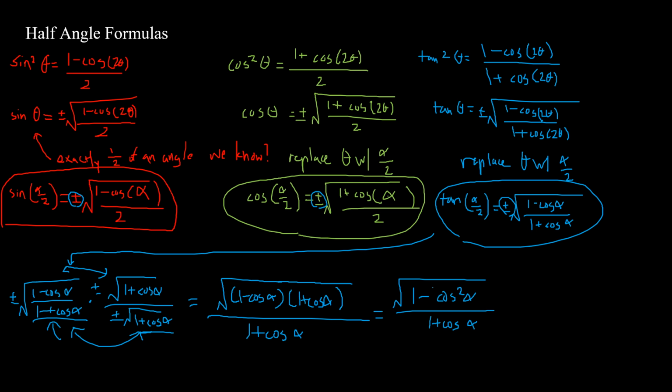Now, if you see this, hopefully you've thought back to the Pythagorean identities, because we know that sine squared theta is going to be equal to 1 minus cosine squared theta. And this is just an alternate form of writing the Pythagorean identity, which says sine squared theta plus cosine squared theta equals 1.